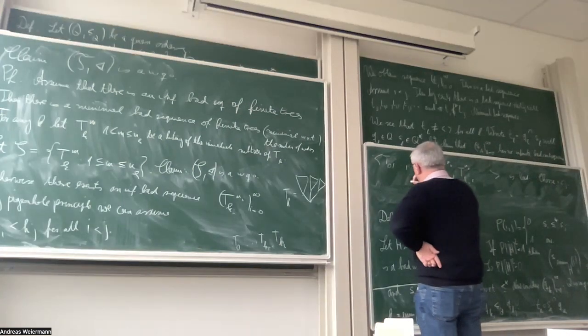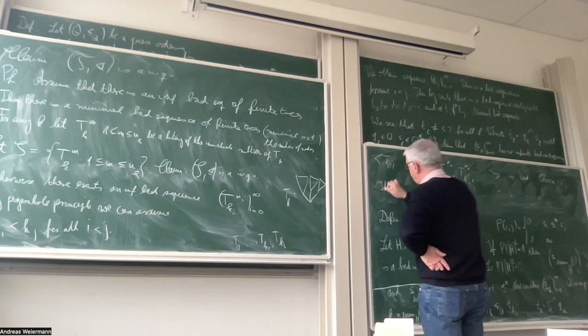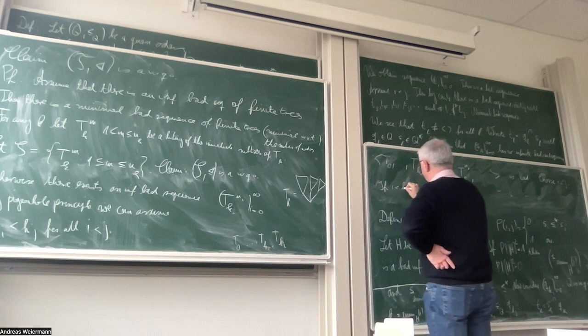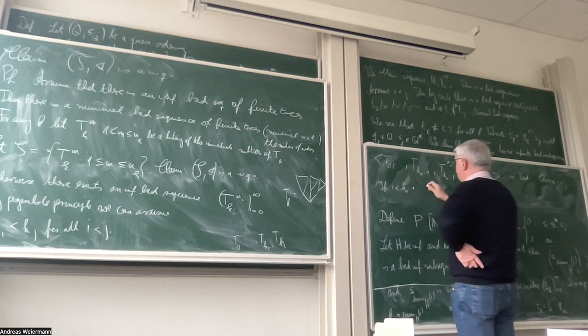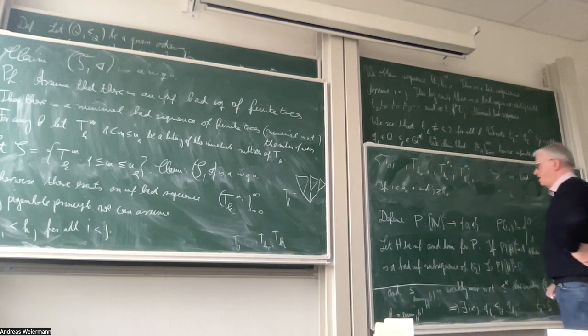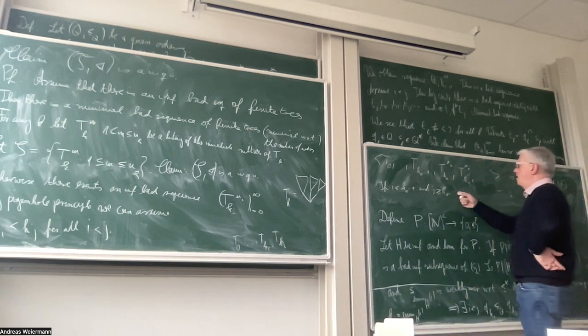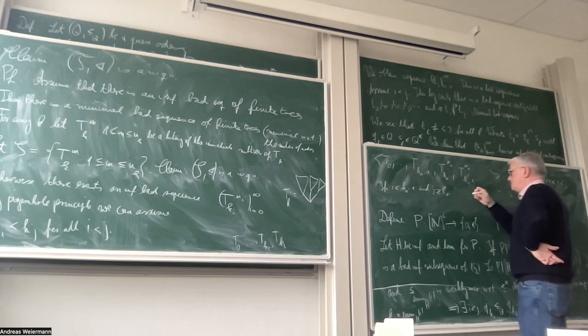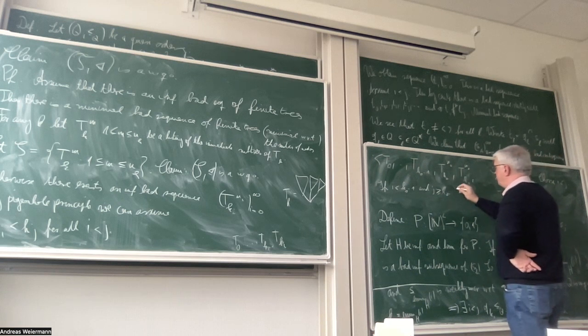Now i is smaller than k0 minus 1. j is bigger than k0. Then, well, then what?